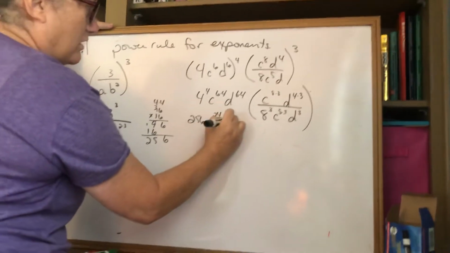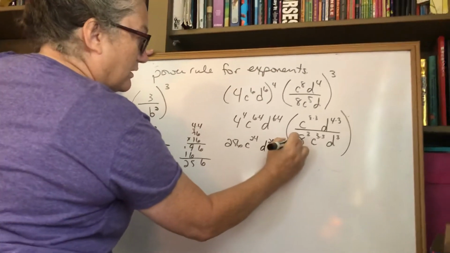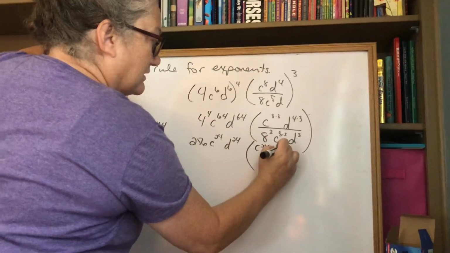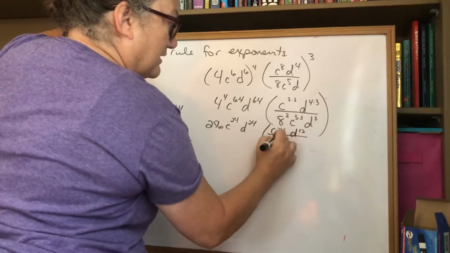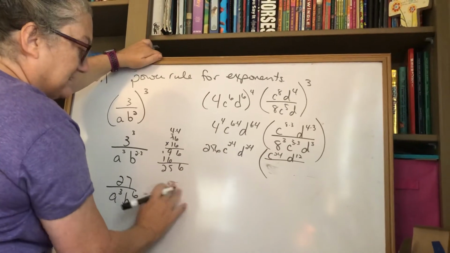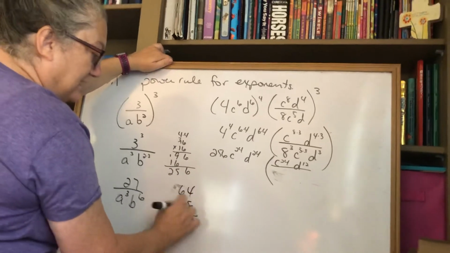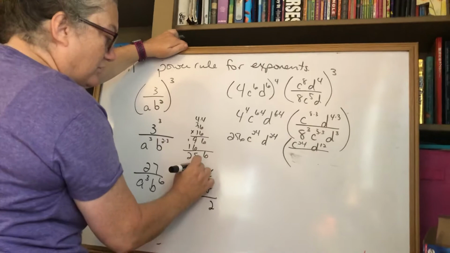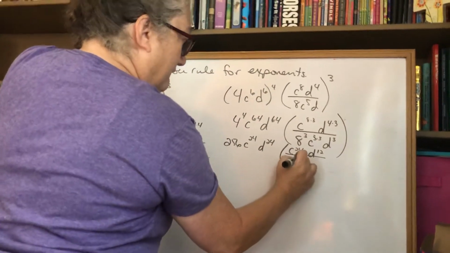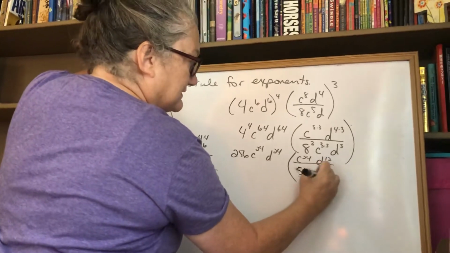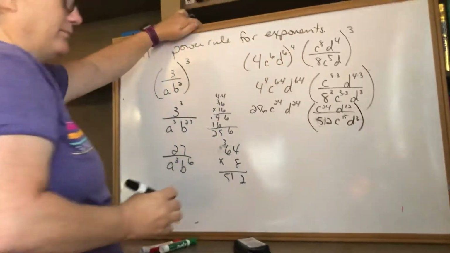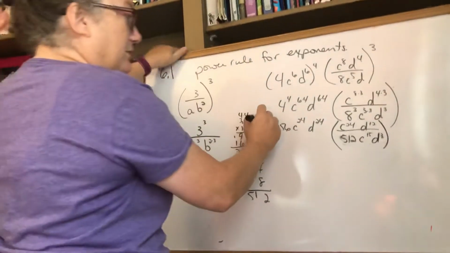C to the 24, d to the 24. C to the 24, d to the 12. 8 to the 3rd would be 8 times 8 is 64, times 8 is 512. C to the 15, d to the 3.